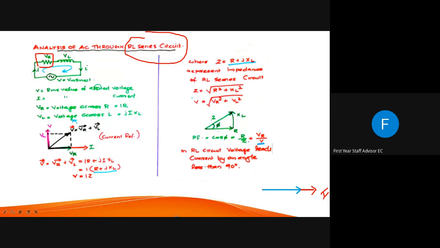Now, what about the voltage of the inductor? The voltage of the inductor is leading the current. We have already taken current as a reference, so we should draw the voltage in such a way that it is leading the current. So in the anti-clockwise direction you have to draw the voltage phasor. So I am drawing the voltage phasor like this.